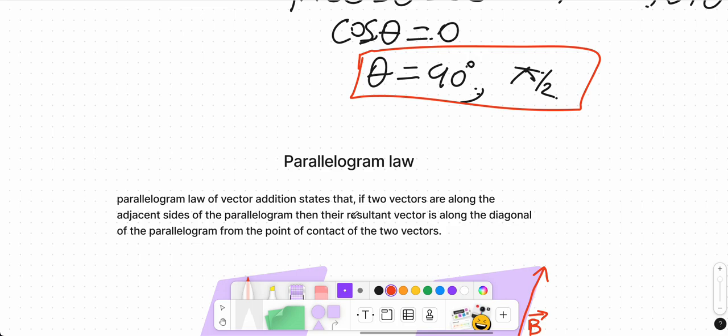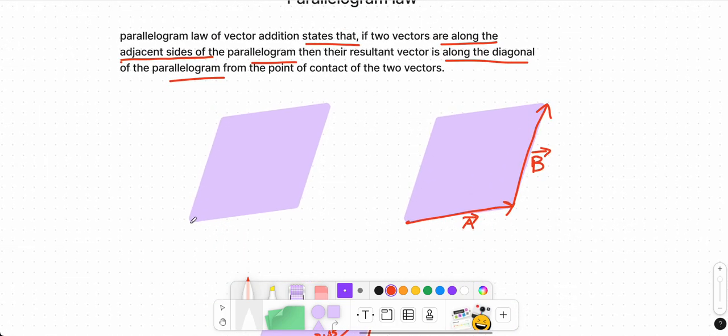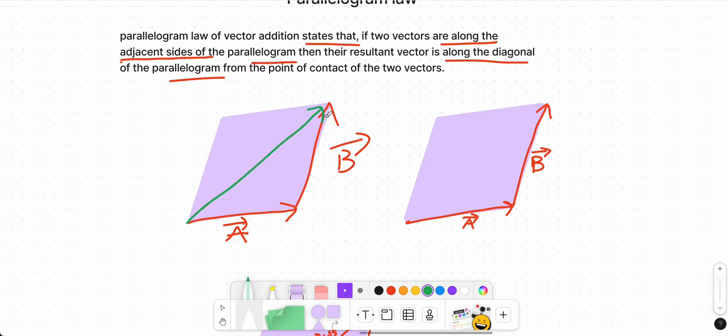Parallelogram law states that if two vectors are along the adjacent side of the parallelogram, then their resultant vector is along the diagonal of the parallelogram. That means if I have two vector a and b adjacent side of a parallelogram, then the resultant is diagonal of the parallelogram.